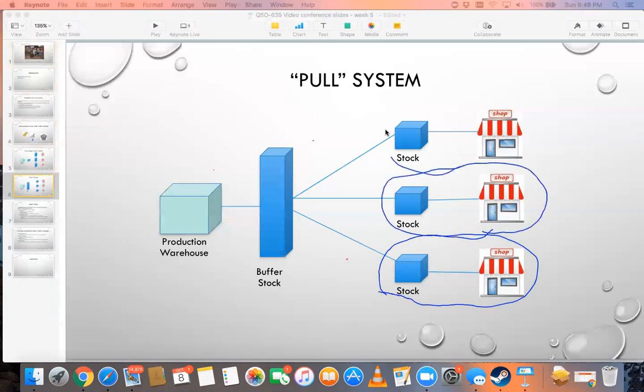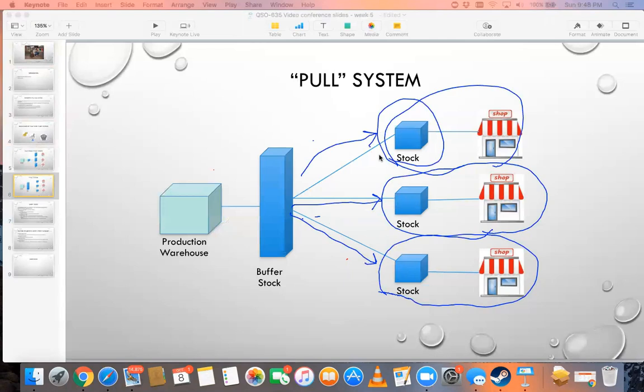So in reaction, it says, hey, production warehouse, we are going to tell you how much product we need on a daily basis or whatever, and you're responsible for making sure that we can pull from you. Each of these stocks represents a certain set of stuff, either one day's worth or two days' worth. As we pull from this, at the same time it's also going to pull from the buffer stock.